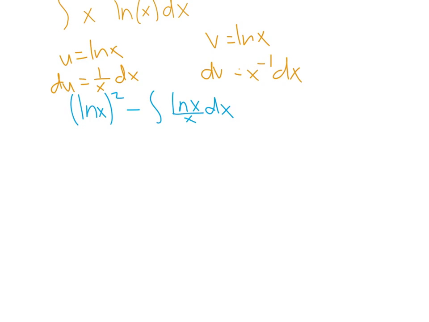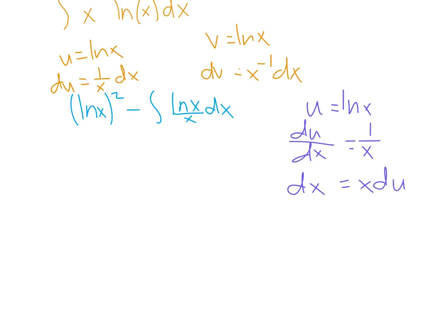So that's going to be, u is going to be natural log of x, and du, we're going to do substitution, du over dx is 1 over x, so dx is x du. So we're going to have the natural log of x squared minus the integral of u over x, x du. Notice that these x's cancel.